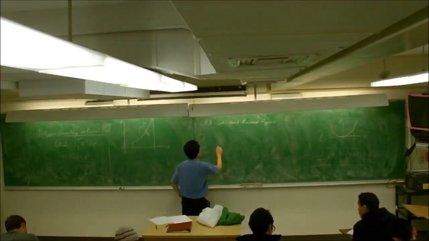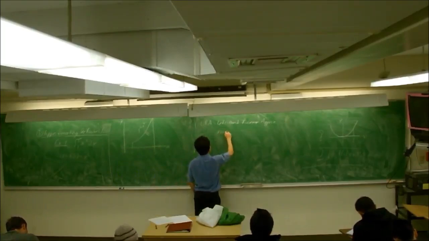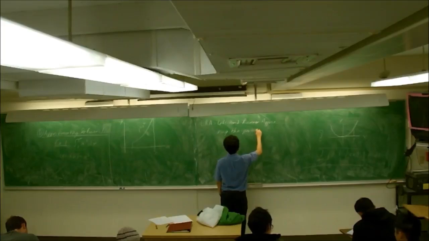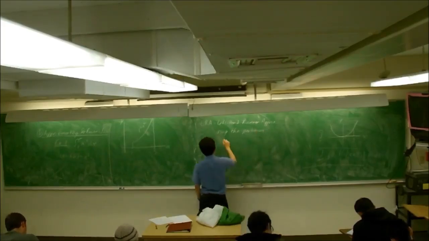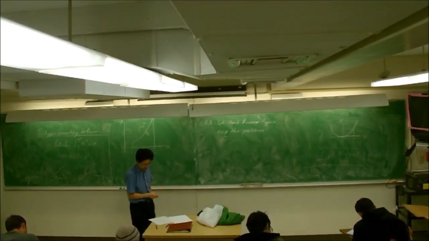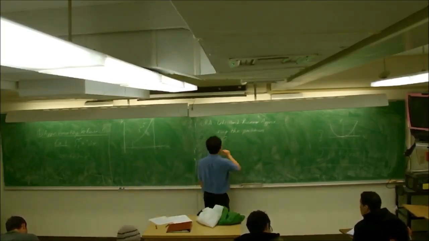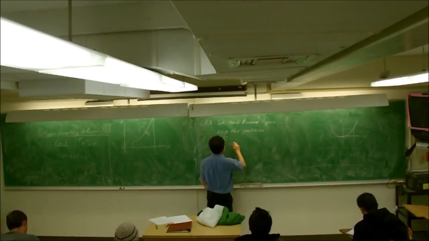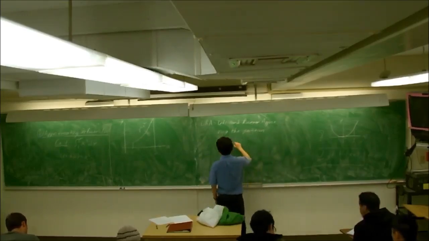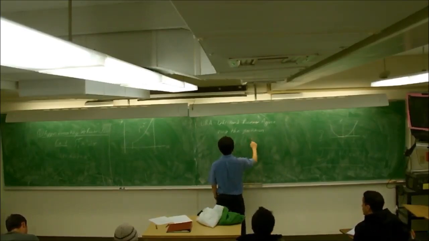Using the following partition. Technically we use the cursive P more often. Using the partition P of the interval from 1 to 5, closed interval.